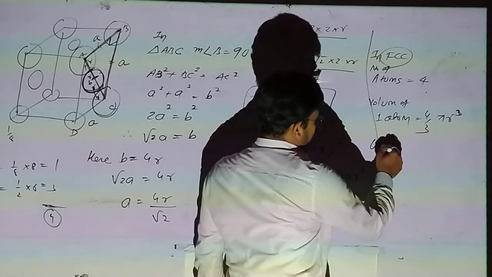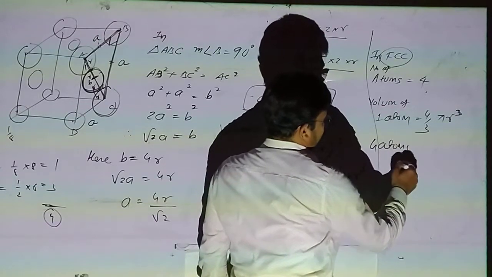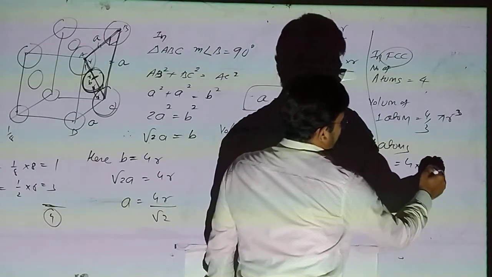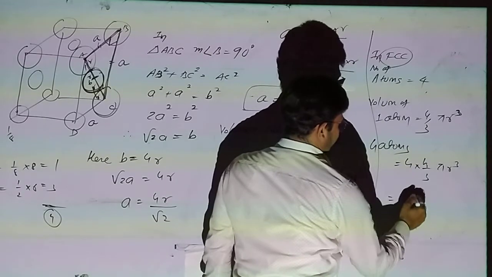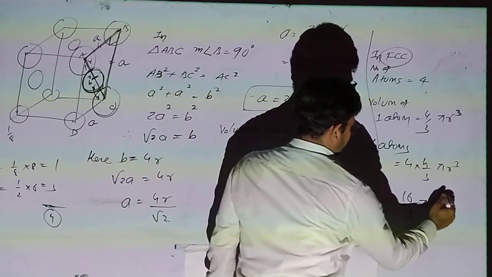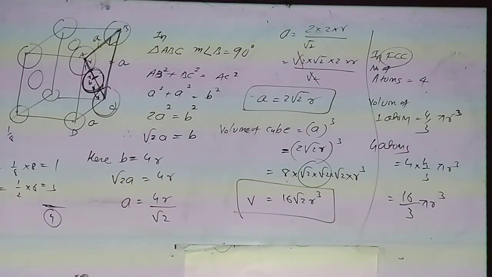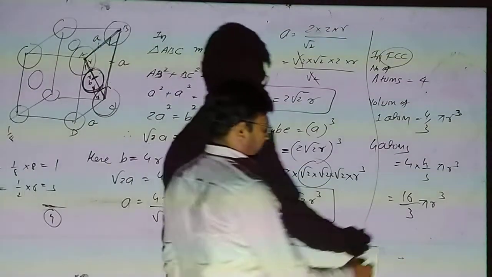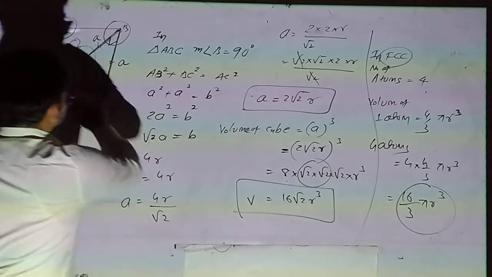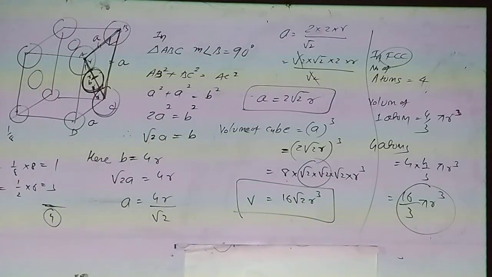So the total volume of 4 atoms is 4 into 4 by 3 pi r cube, so 16 by 3 pi r cube. This is the actual volume occupied by 4 spheres.